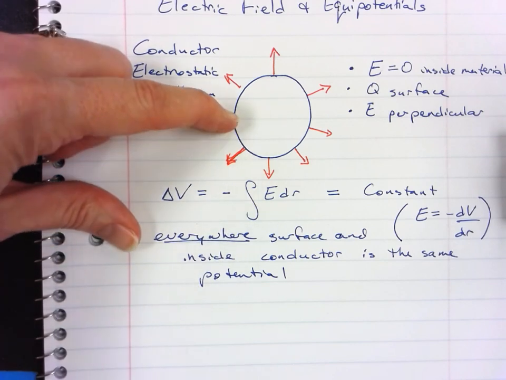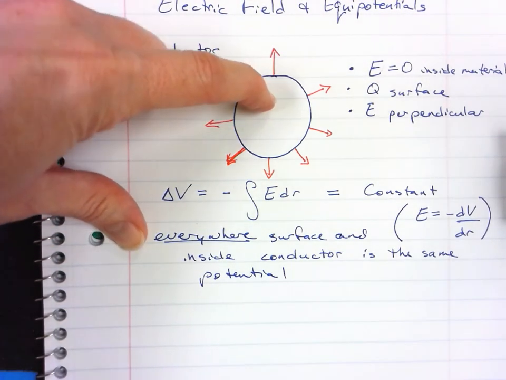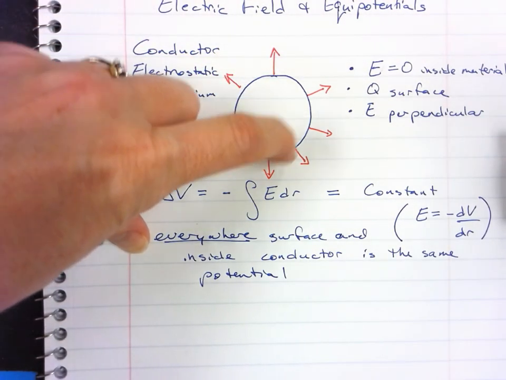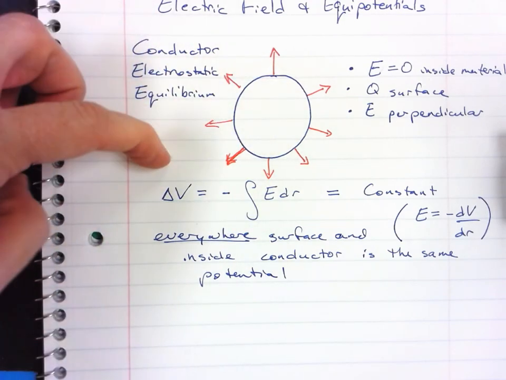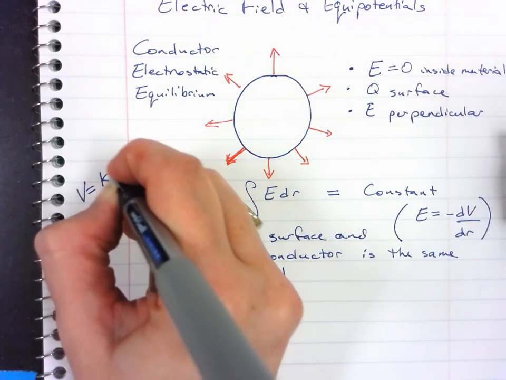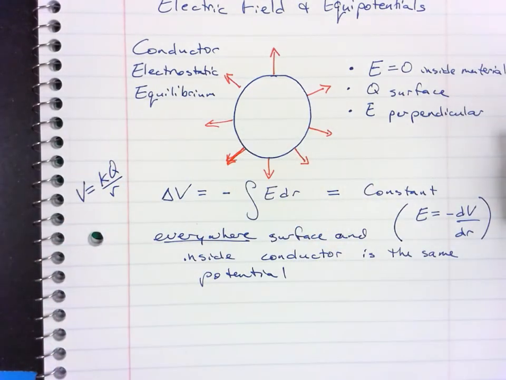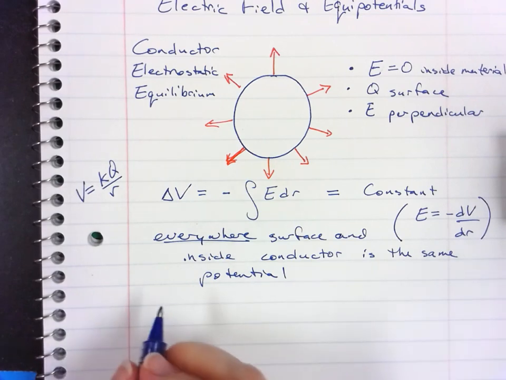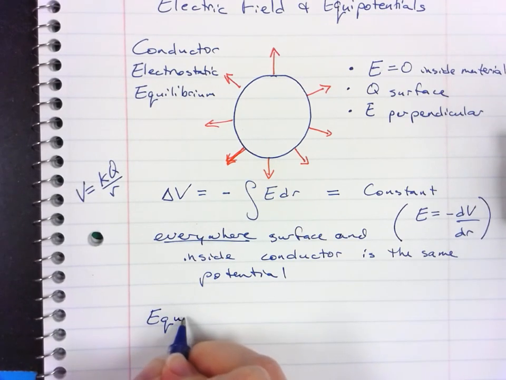So if the outside surface is 15 volts, there's 15 volts, that's 15 volts, that's 15 volts. Now outside it decreases. And you know for a spherical shape like this, you'd use V equals KQ over R. So the potential decreases as you go away from it. So this leads us to a new term, the other one in the title of this, which is no longer on the screen, the word equipotential.